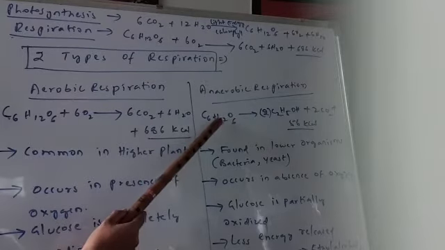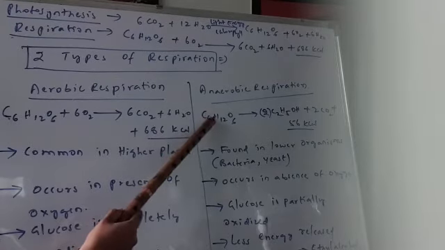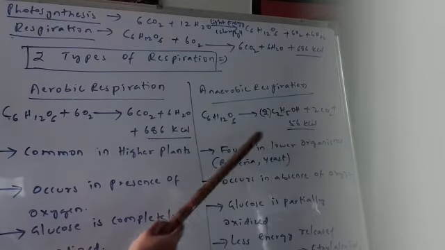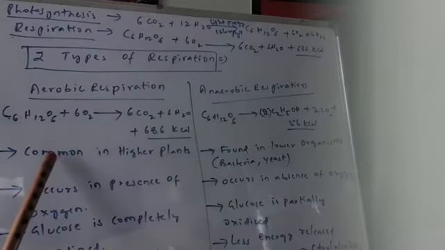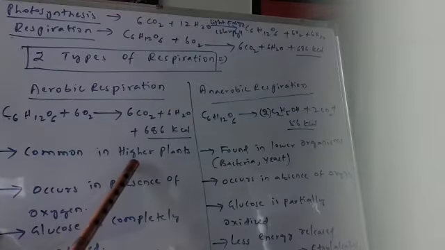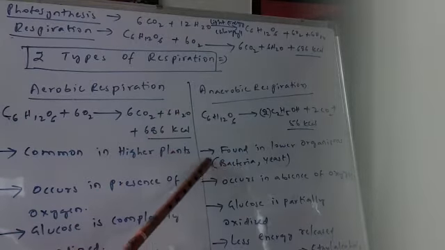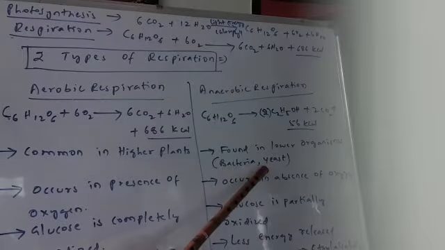Here we can see the glucose molecule is partially broken, not completely broken, releasing less energy, and that too in the absence of oxygen. Now aerobic respiration, where does it take place? It is common in higher plants. Anaerobic respiration, where does it take place? It is found in lower organisms like bacteria and yeast.